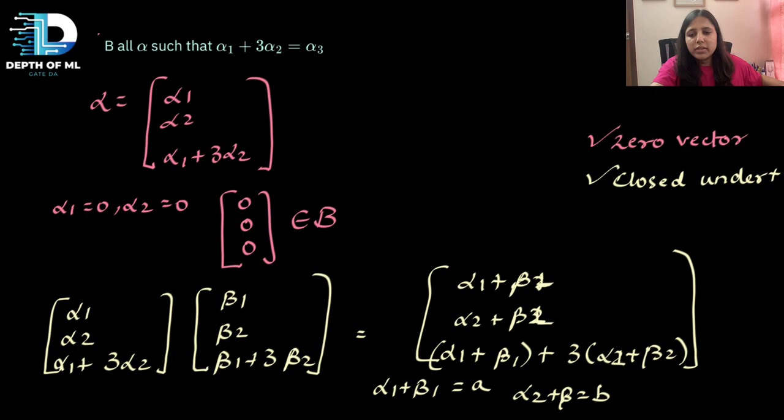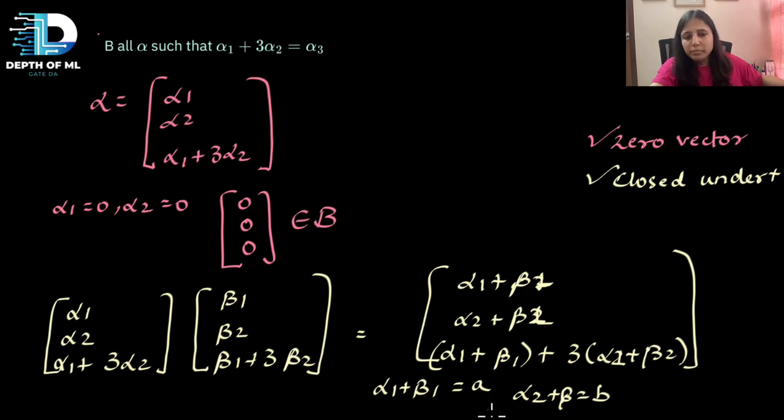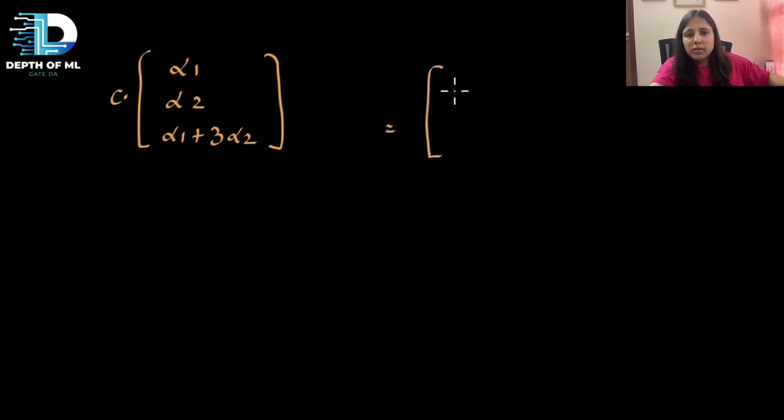Now we have to check whether this is closed under scalar multiplication. Here we have the vector of the form alpha 1, alpha 2, alpha 1 plus 3 alpha 2. Let me multiply it with C. I'll get C alpha 1, C alpha 2, and C alpha 1 plus 3C alpha 2.